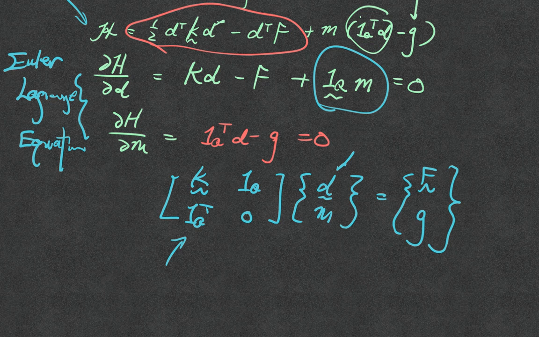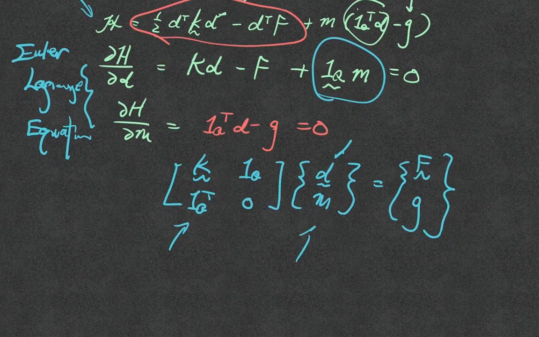When the solution is unique, you have a unique combination of D and M that fulfills the governing equations. If it is not unique, you have a space of solutions because there are multiple solutions that can fulfill that.